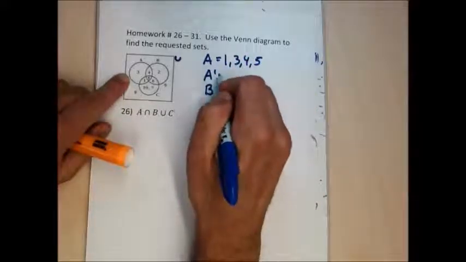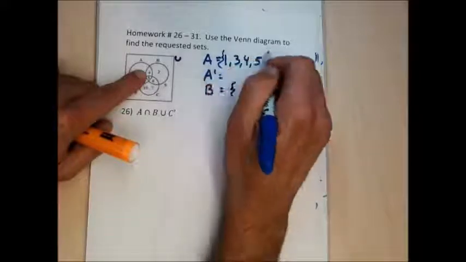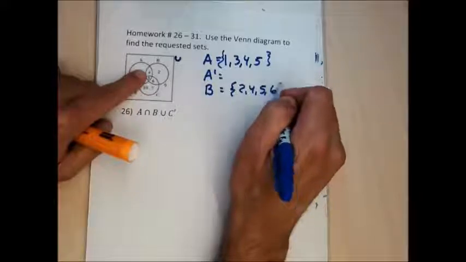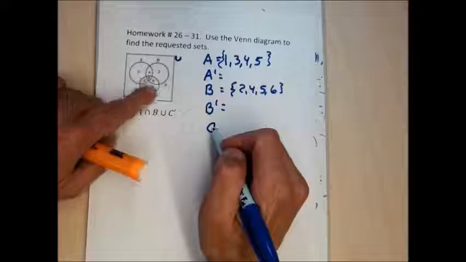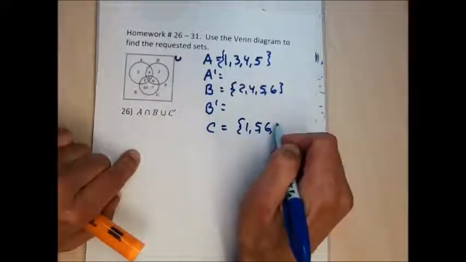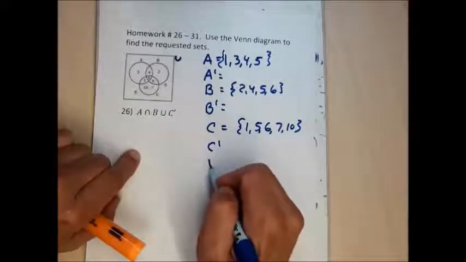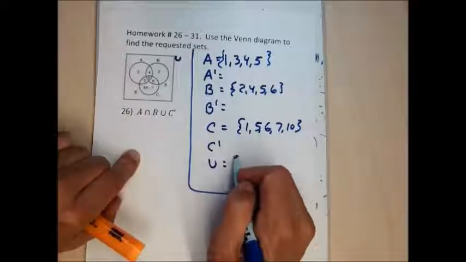B, which is 2, 4, 5, and 6. Save myself some room for a B complement. C, which is 1, 5, 6, 7, and 10. Save myself some room for C complement. And U, which I believe is all the numbers between 1 and 10.